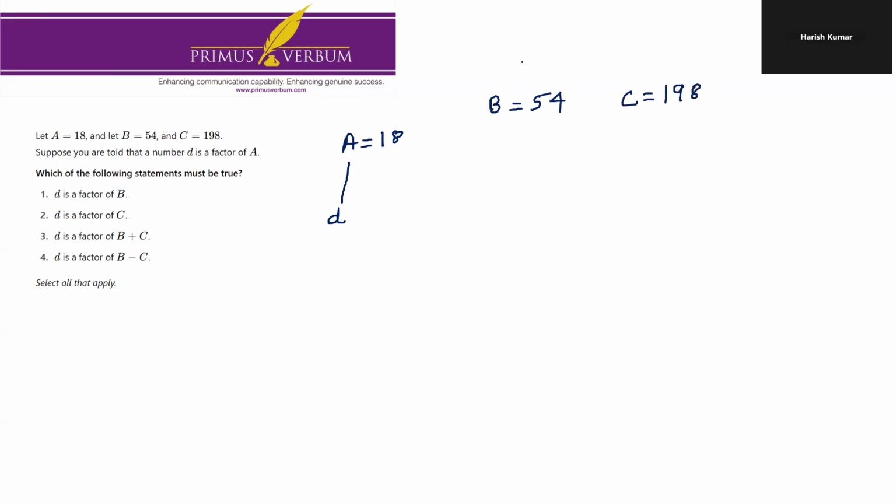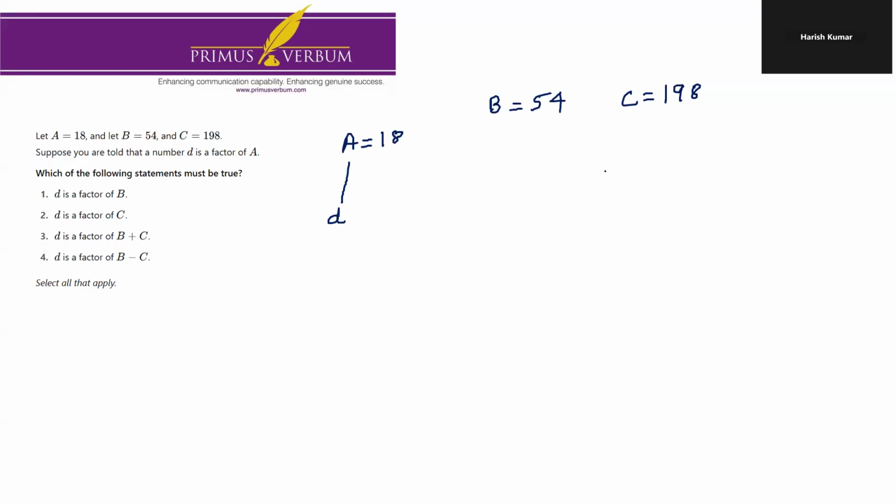We are asked: is D a factor of B, and is D a factor of C? Two more choices are: D is a factor of B plus C, and D is a factor of B minus C.